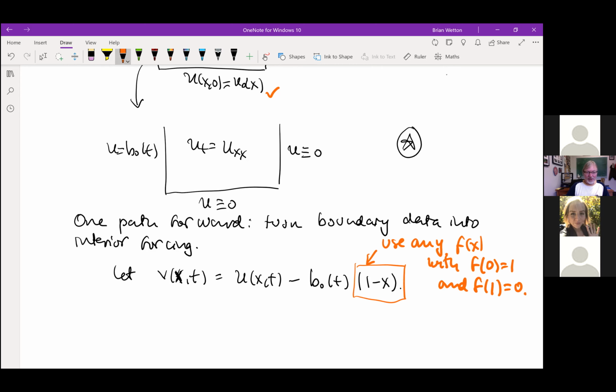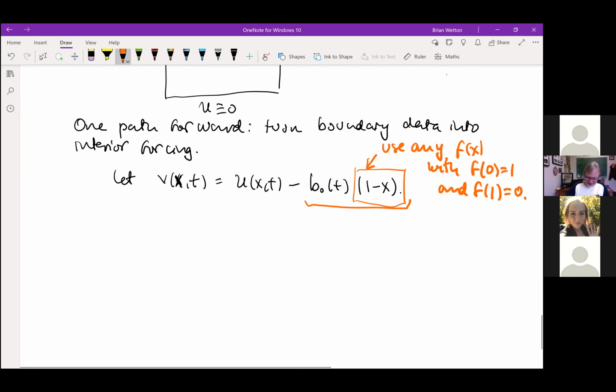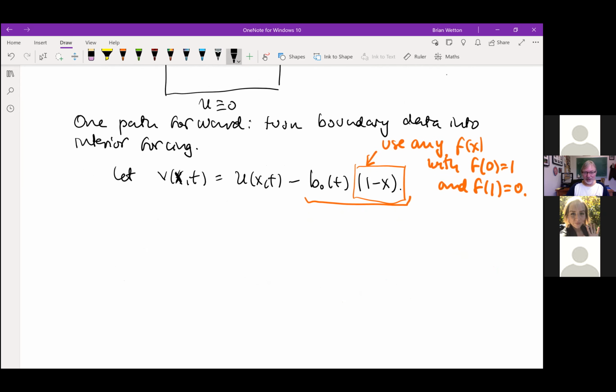Now, the beauty of this one is that there's going to be a second derivative of this thing that you added that gets put into the interior forcing term. And if you take the second derivative with x of the particular one that's the natural one to take, then that term is not present, right? So this is a nice choice in this particular problem, but otherwise it's arbitrary.